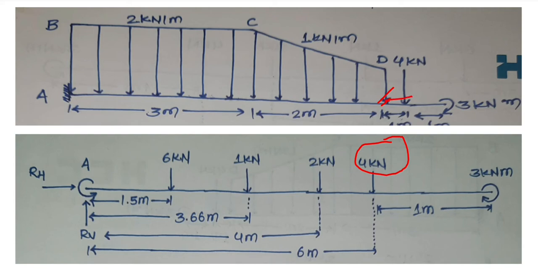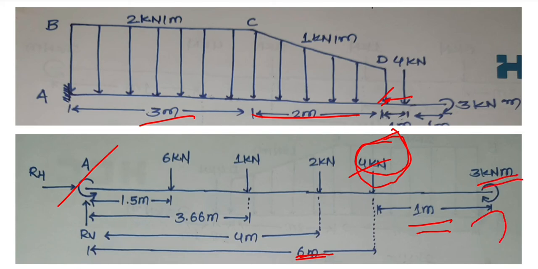So this 1 meter, this 2 meter and this 3 meter, at a total of 6 meter distance from point A, a 4 kilonewton force is acting. And at last, 1 meter from this 4 kilonewton, a 3 kilonewton meter moment is acting in a clockwise direction, that is positive.